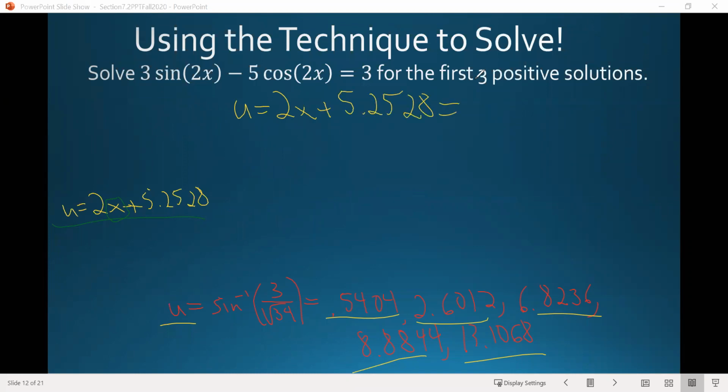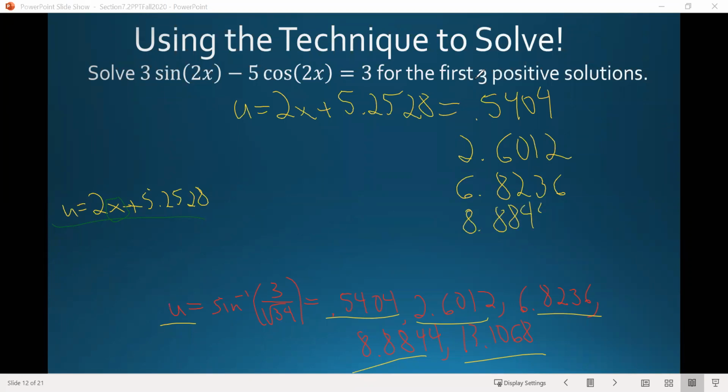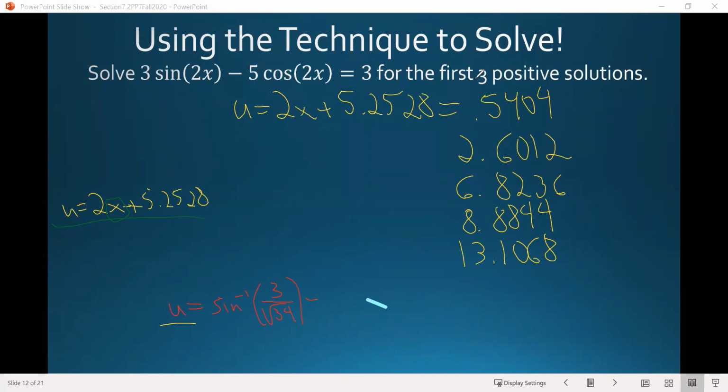But all the values we have for u are 0.5404, 2.6012, 6.8236, 8.8844, and 13.1068. And we would solve 5 different equations, or we'd set 2x plus 5.2528 equal to each of those things and solve for x. And again, I'm not going to go through all the specifics of that here on the PowerPoint. I'm going to do these on my calculator.